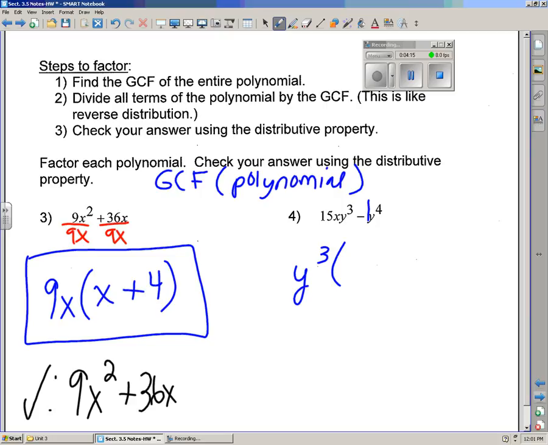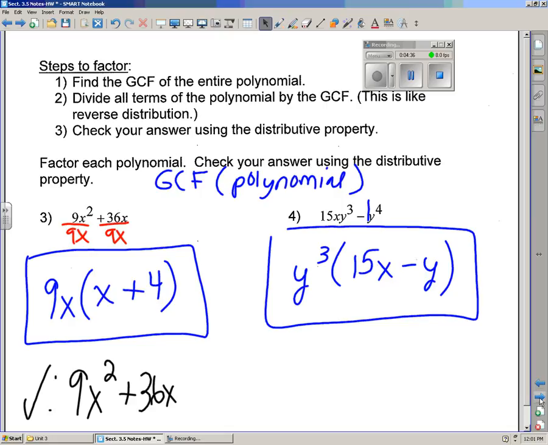How am I going to get from y cubed back to my original problem? Well, y cubed times 15x is 15xy cubed. And y cubed times negative y is negative y to the fourth. I didn't show it as division this time. I just did it as reverse distribution. Either way is totally fine.